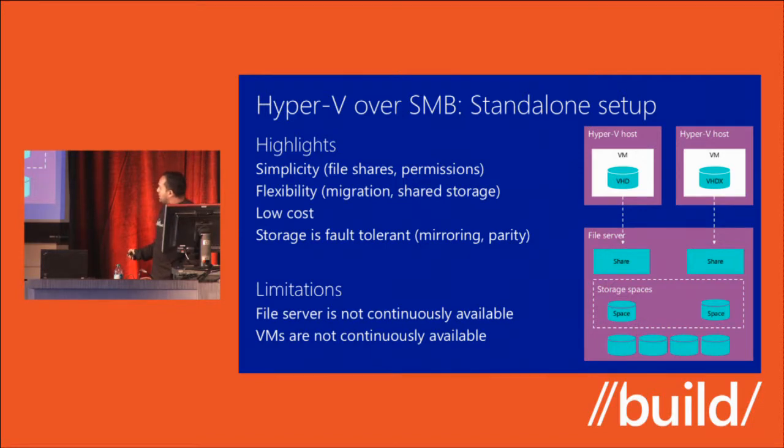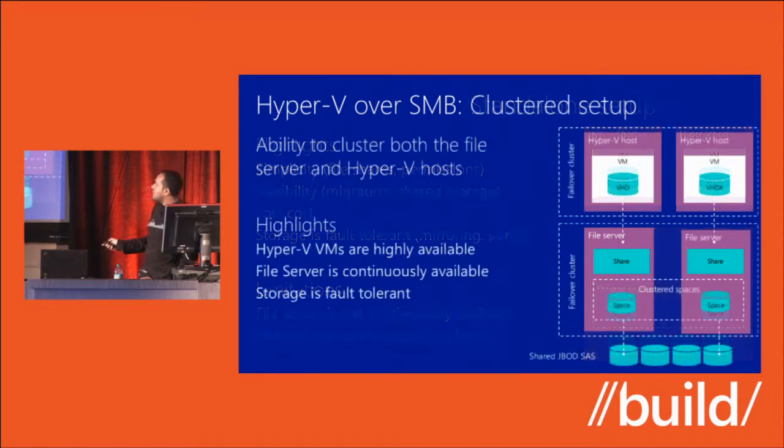And the main limitation here is if the file server dies, well, your VMs also die because they can't access their storage. So that's the limitation here. But this will work for almost all the cases where you're not worried about the file server dying, so to say. But you get all the network resilience features because of multi-channel right here without any additional setup.